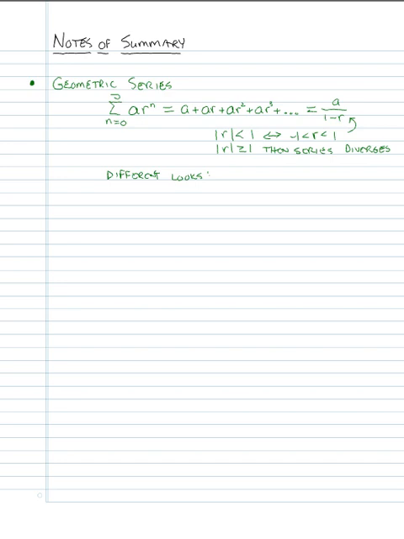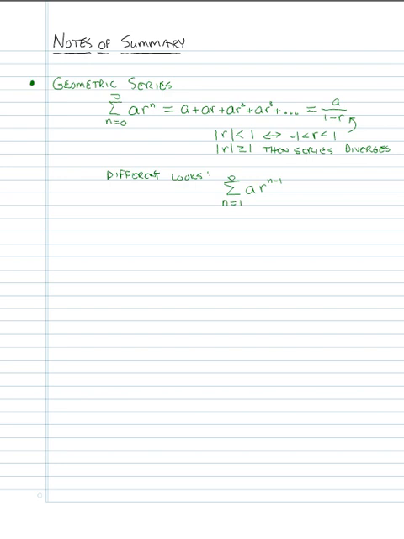But we can see a geometric series written in this fashion: the sum from n equals 1 to infinity of a times r to the power n minus 1. And that would give us exactly the same result.